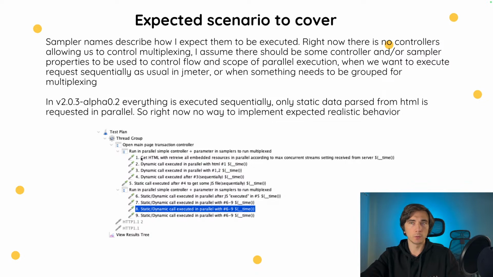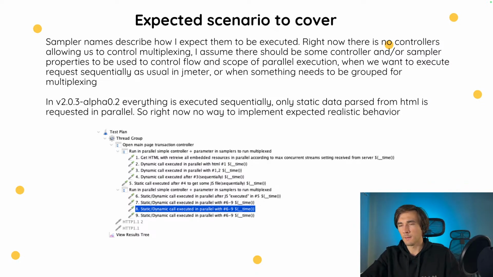So I want to execute 1, 2, and 3 in parallel. Then I want to execute number 4 sequentially after number 3 is executed. And then I again want to execute number 5 sequentially, and then execute these 3 requests in parallel, kind of emulating some Ajax calls sent in parallel after some JavaScript that is executed.